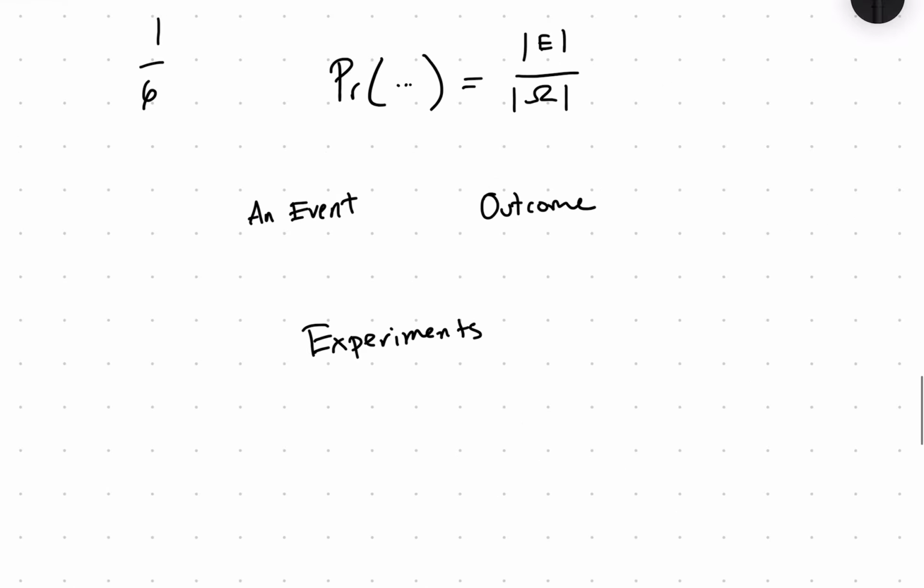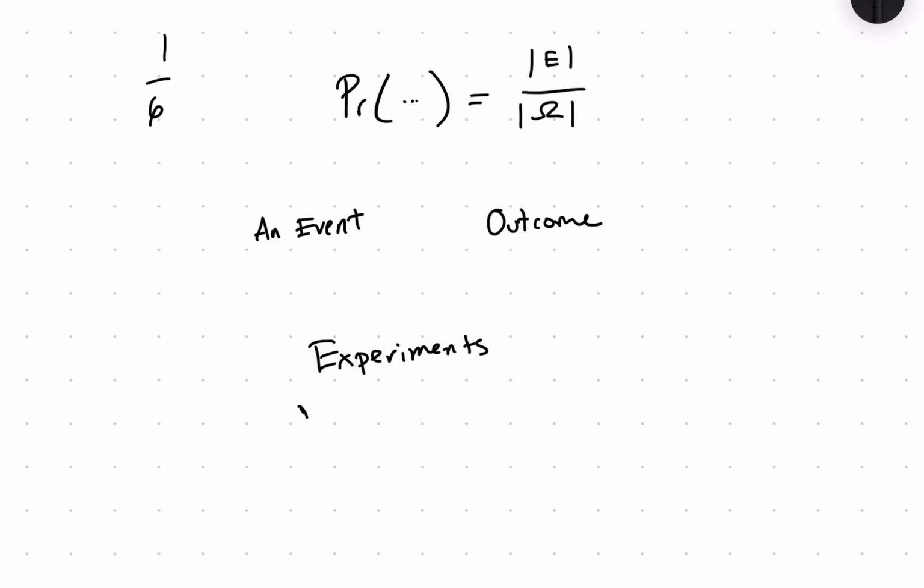So an experiment is what we were doing, rolling a die. All of these things are basically translating real life experiences and formalizing them to be used to do math. So an experiment is something like rolling a die, and an outcome of that experiment is a 1. Or maybe a 2, or maybe a 3, or whatever.